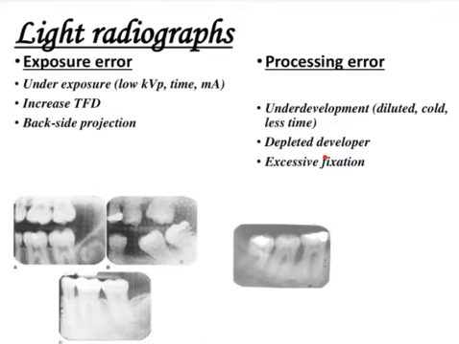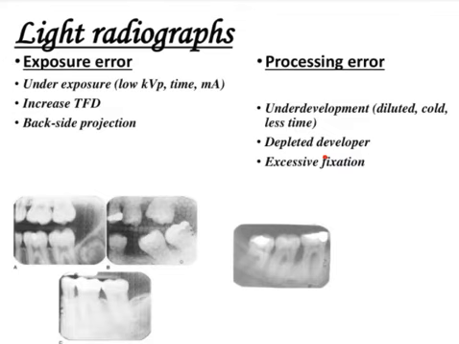And T or F can be interchanged. Either they will say target to film distance or focal spot to film distance. Okay. So an increase in the distance between the cone and the image receptor can also result in a light radiograph. Increase in distance means, if you have to take a canine exposure and you are keeping the cone around 20 centimeters away, that is an increased distance from the target to the film.